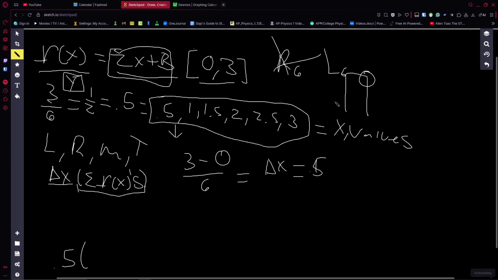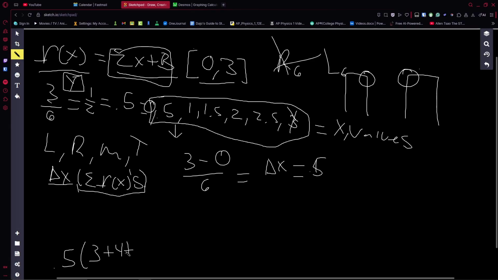Now remember, with left Riemann, since it looks like this and this corner touches, we have to exclude this last value. So we can't include the 3 value here. And we also have to keep in mind that now we do have to calculate this 0 value. So f of 0, well, that's just 3 plus 4. Sorry, it's 3.